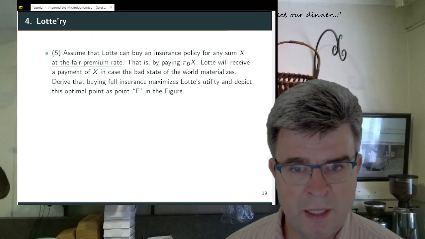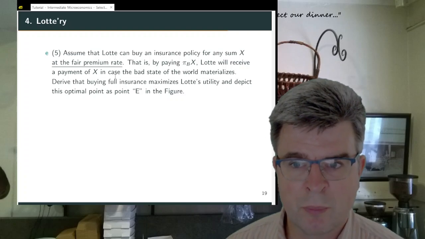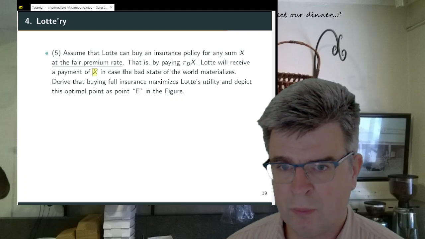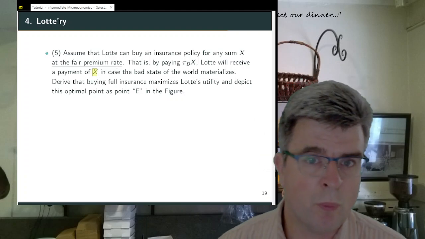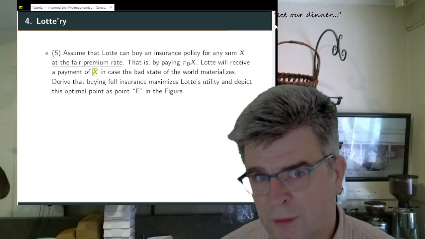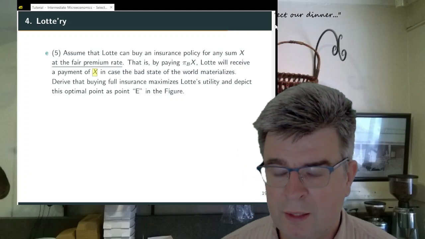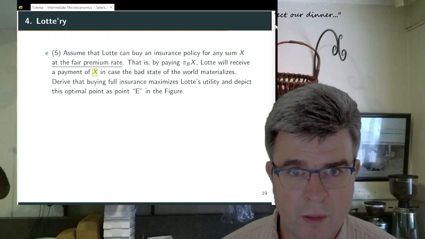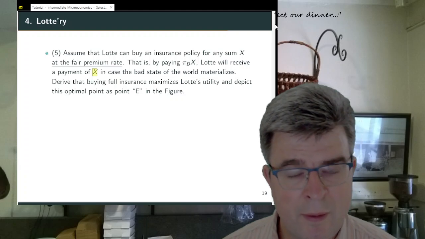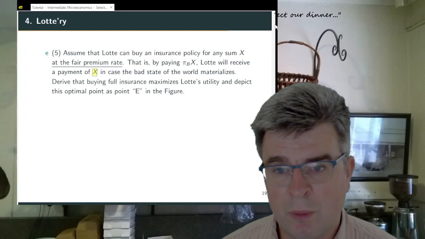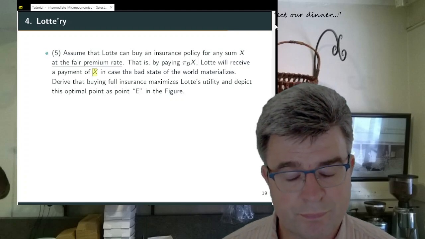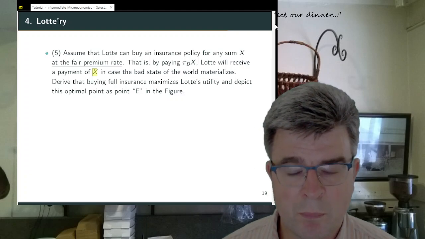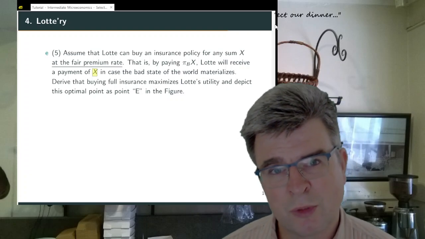If she pays that amount, then in the bad state of the world, she will receive a payment equal to X. So this is a situation where Lotte has an initial wealth of, say, 1,000, and then she can decide: okay, if my house catches fire, then I will lose my entire wealth, and now I can decide which part of my house to insure.